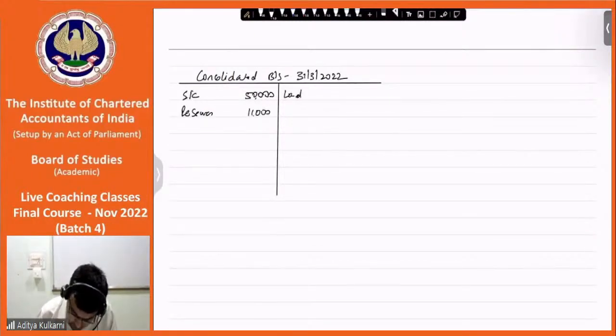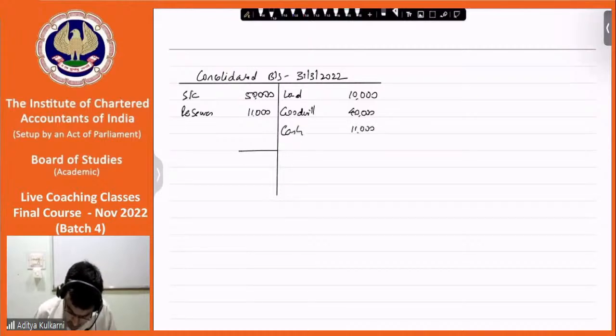On the asset side, I would still have land at 10,000. I would have goodwill at 40,000. And I would also have a cash balance now of 11,000 as an asset. So this comes to 61,000.